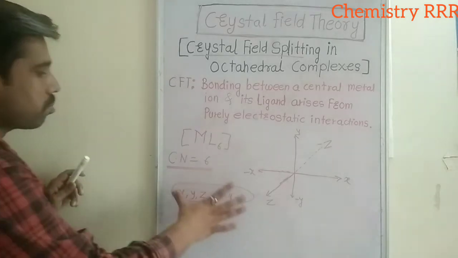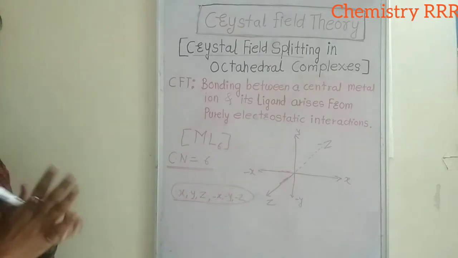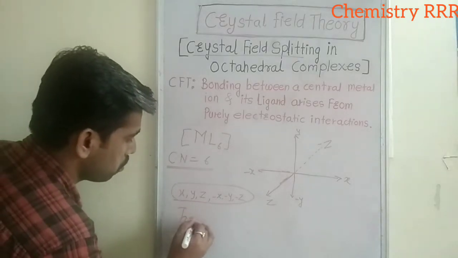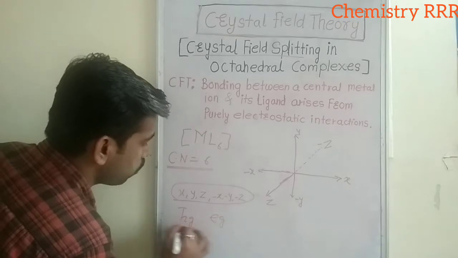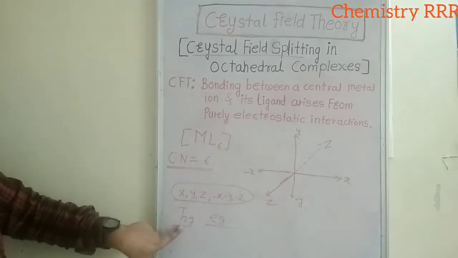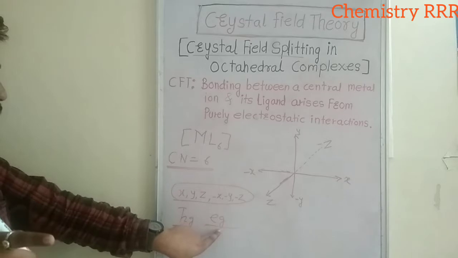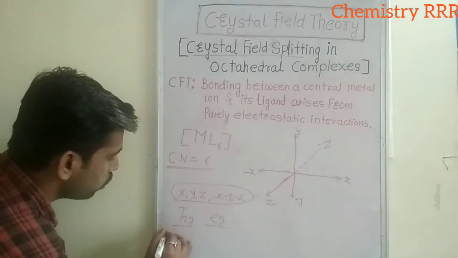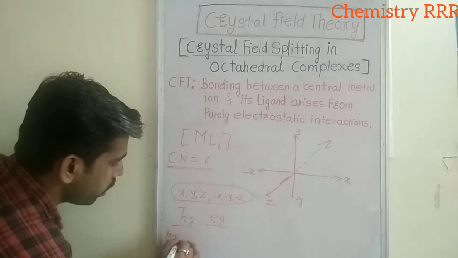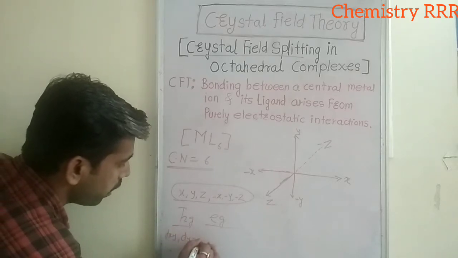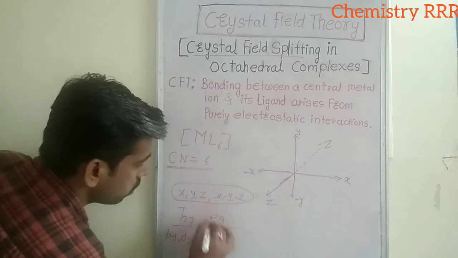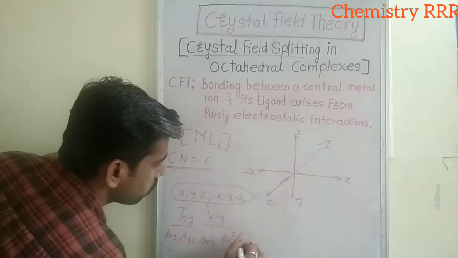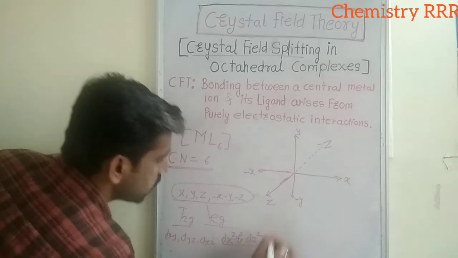And you know that the d orbitals are divided into two sets, the T2g set and the Eg set of orbitals. The T2g orbitals are present in between the axes and the Eg set of orbitals are present along the axes. In the T2g set are dxy, dyz and dxz, and in the Eg set, dx square minus y square and dz square.